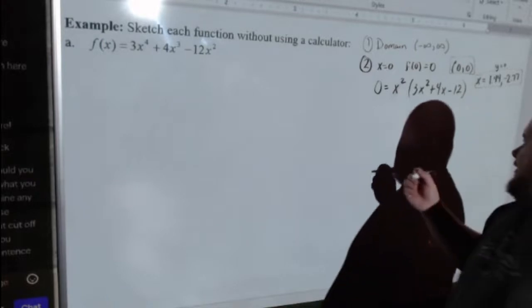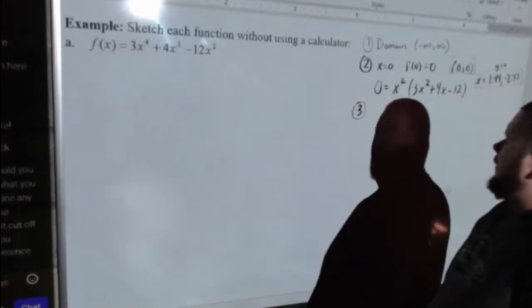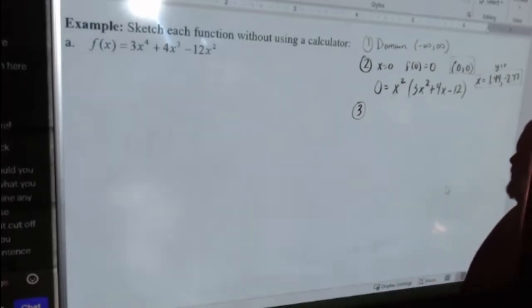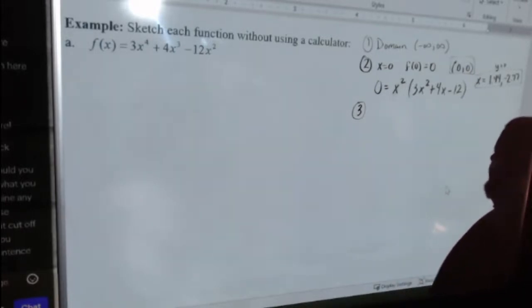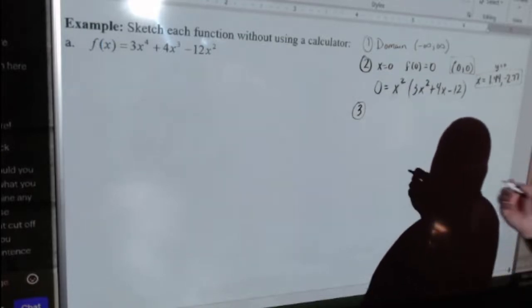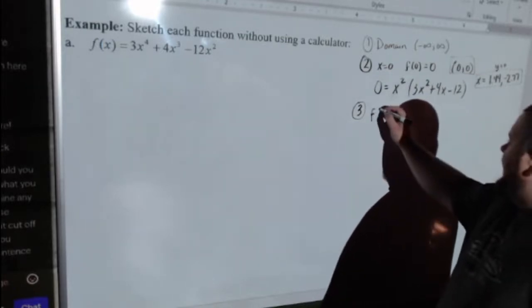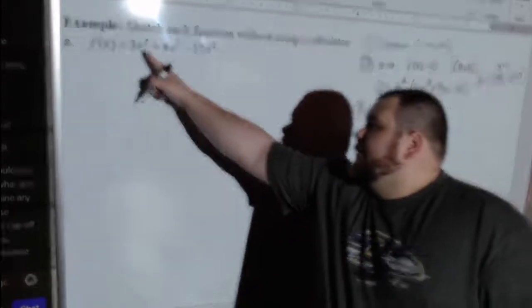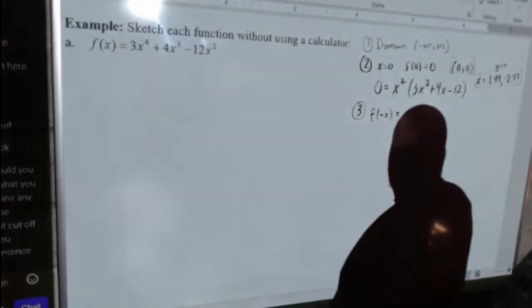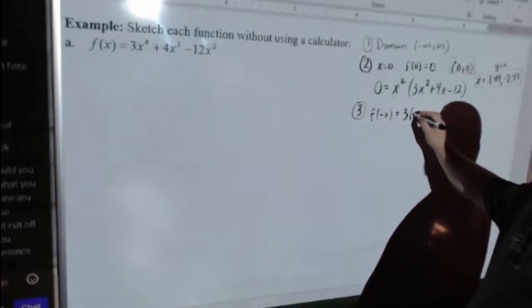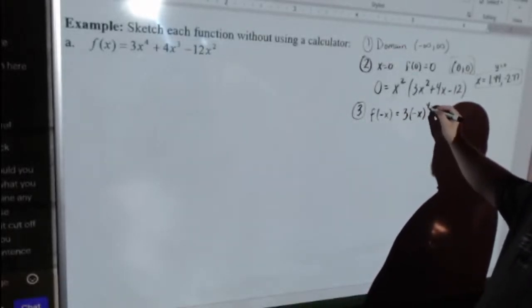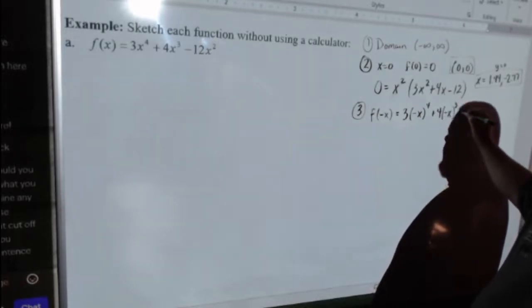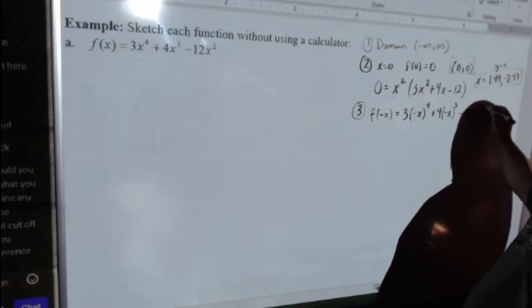The third part says determine any symmetry. So to do that, I need to find f of negative x. So if I plug negative x into each one of these values for x, what happens?